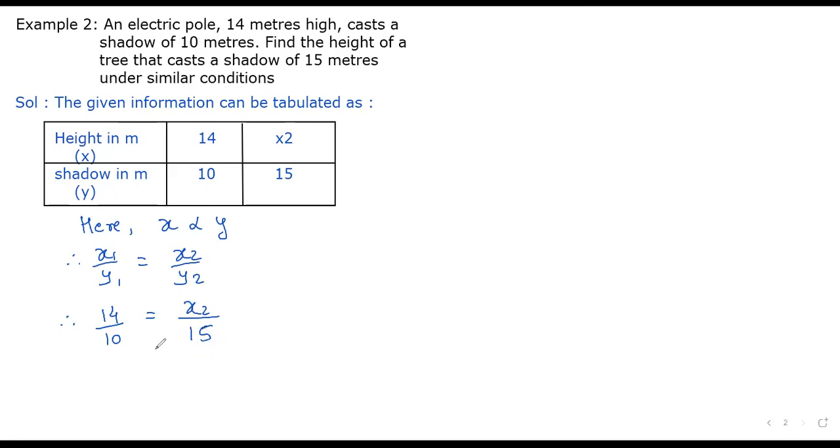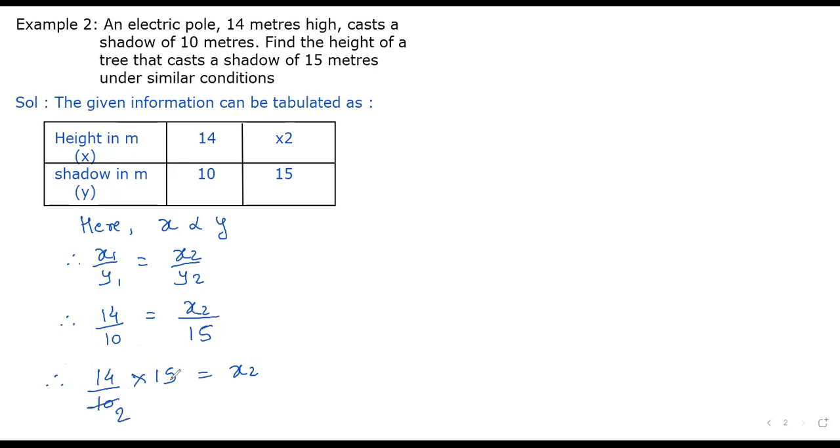What transposes? x2 is equal to 15 into 10 upon 14. No, beta, no. Wrong. x2 is equal to 14 upon 10 into 15. Just 15 goes there. Don't transpose everything. Only x2 will remain as it is. Are you understanding? Yes, sir.